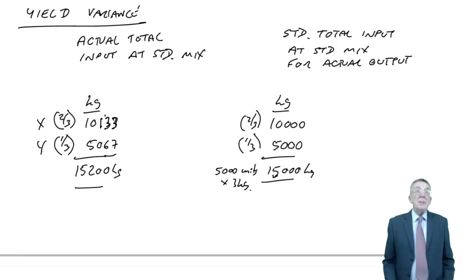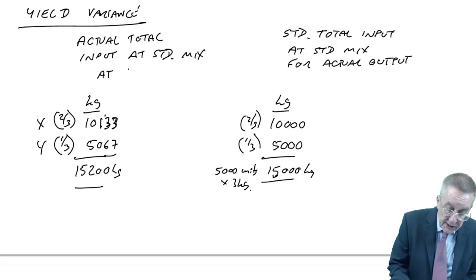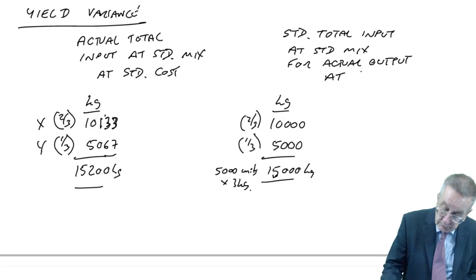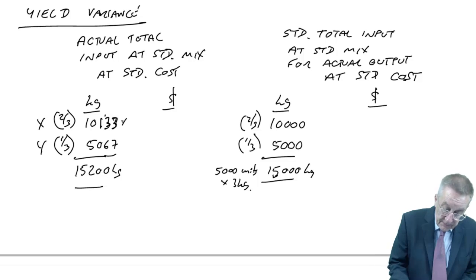It needs costing, but we've dealt with the expenditure variance, so everything's costed at standard cost, $3, $2.